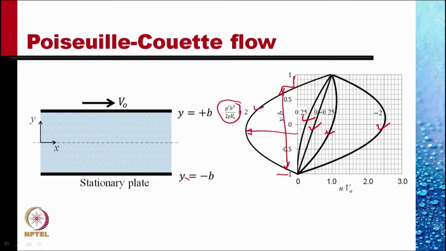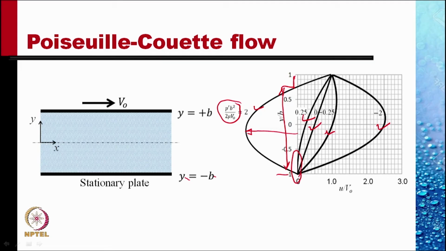The profile with the pressure coefficient of plus 0.25 has a special value, and that is: the shear stress at the lower plate is 0. Delta u by delta y is 0 at the lower plate.